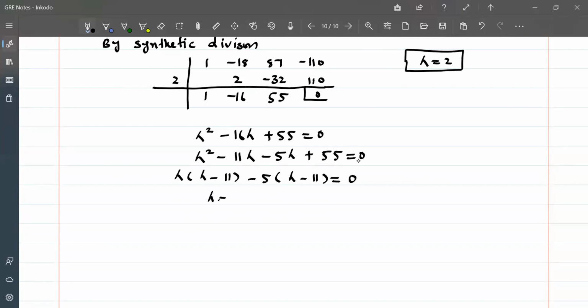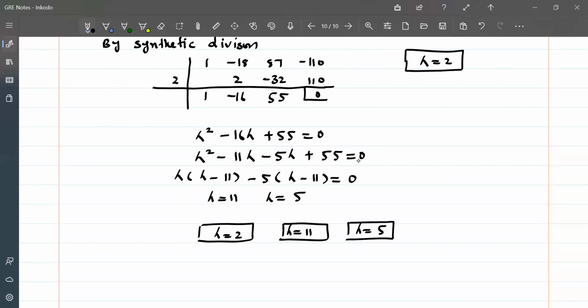So we have lambda is equal to 11 and lambda is equal to 5. So lambda is equal to 2 is the first root we calculated, then lambda is equal to 11 the second root, and lambda is equal to 5 the third root.